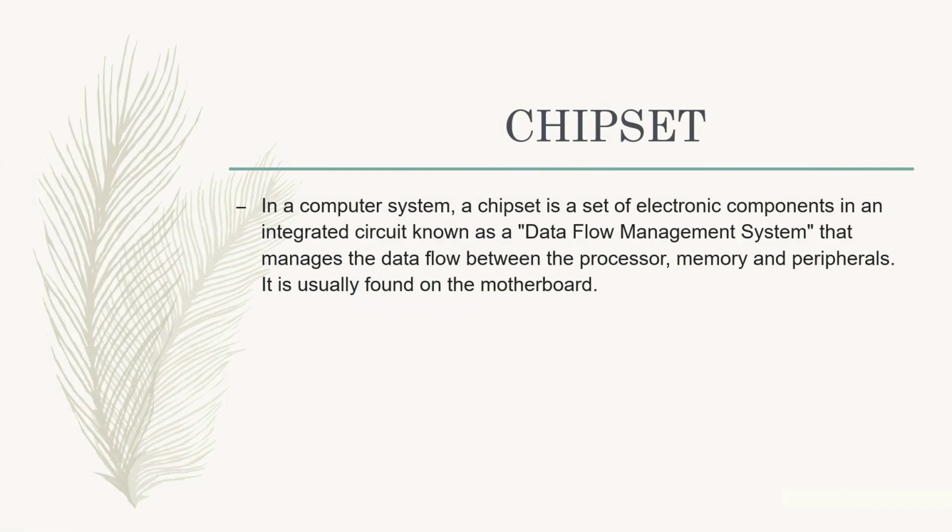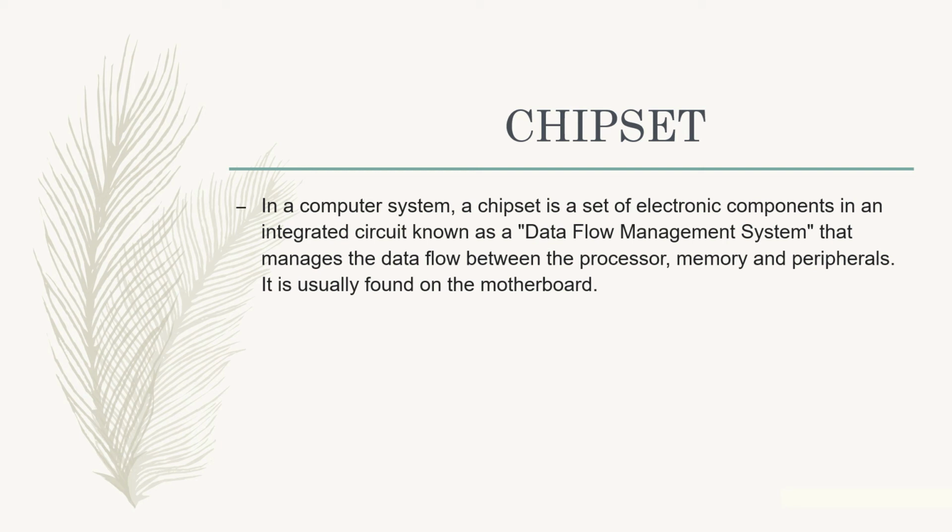Chipset. In a computer system, a chipset is a set of electronic components in an integrated circuit known as a data flow management system that manages the data flow between the processor, memory, and peripherals. It is usually found on the motherboard. See, chipset is known as a data flow management system.